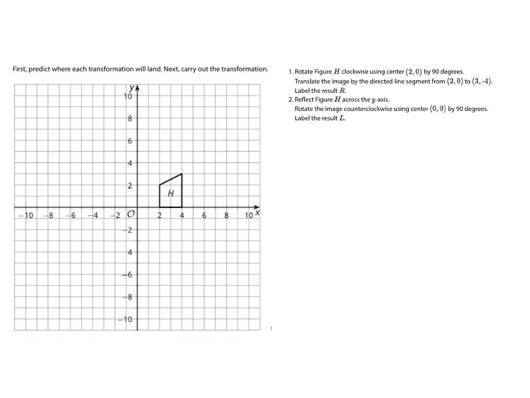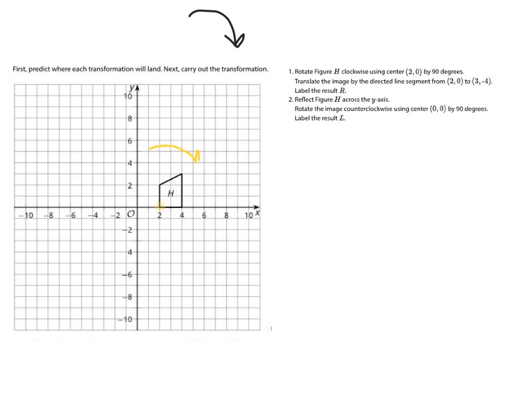Rotate figure H clockwise. Remember, that's how it goes with the clock. Using center 2, 0. So let me use the yellow highlighter. That's our center. Oh gosh, it didn't work. That was the eraser, sorry. Center 2, 0, right there. 90 degrees. So we're just going to turn it 90 degrees. So I'm going to stick with yellow here for this first one.